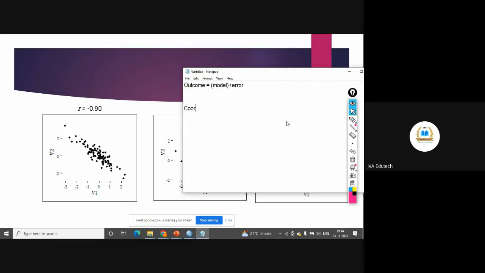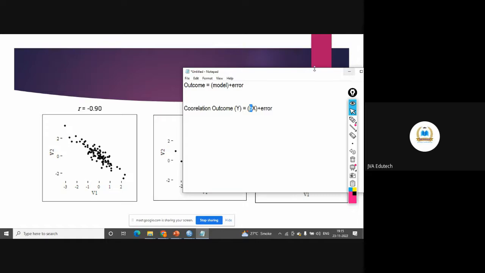In case of correlation, outcome y is equal to bx plus error, where x is your independent variable and b is the correlation coefficient of that variable.